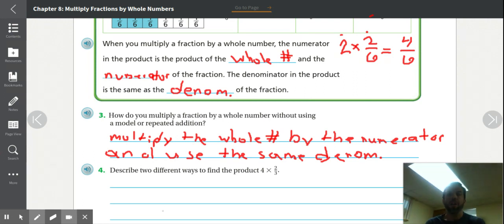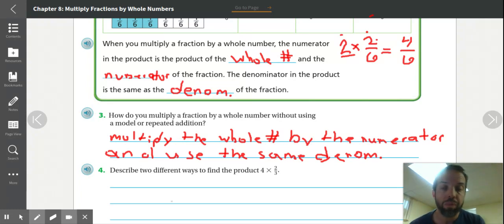So we multiply the whole number, again, right here, 2, by the numerator, 2, to get a product of 4. And then use the same denominator here in my fraction, and that'll be the same denominator in my product. All right? So number 4 says, describe 2 ways to find the product 4 times 2/3. So we could do that, right?